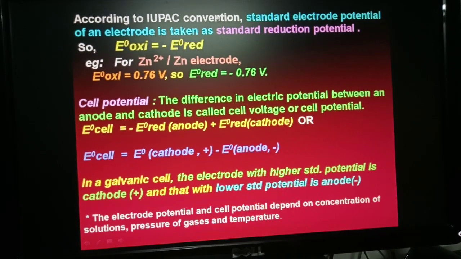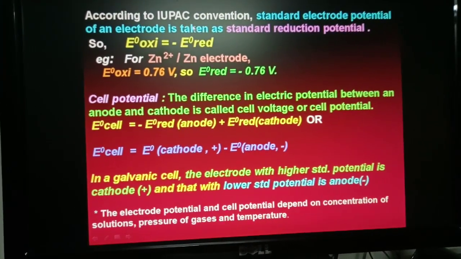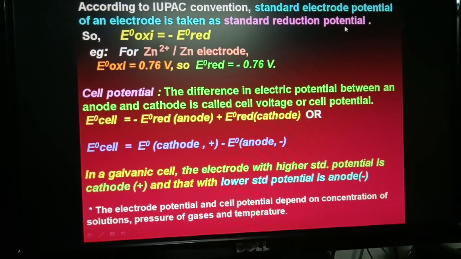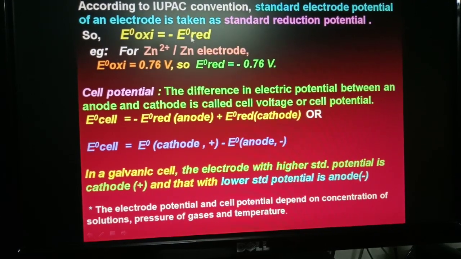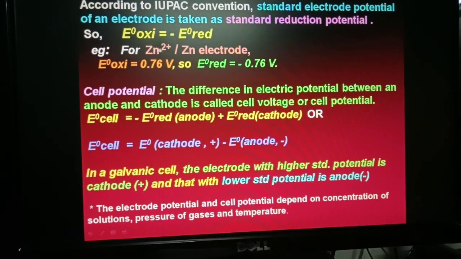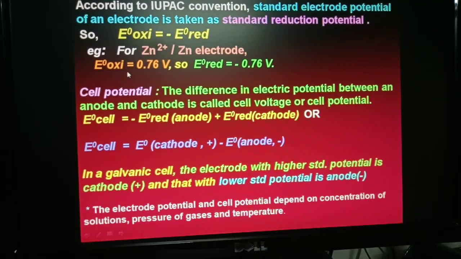Now, according to IUPAC convention, standard electrode potential of an electrode is taken as standard reduction potential. Therefore, E0 oxy is equal to minus E0 reduction. For example, if we take a zinc electrode, Zn2+ ions are in direct contact with the zinc electrode.